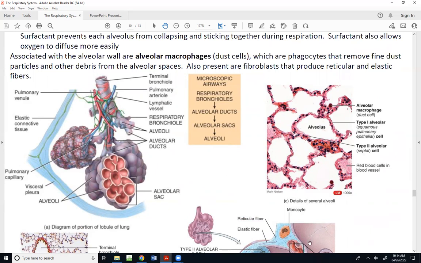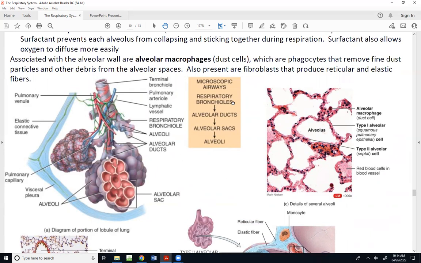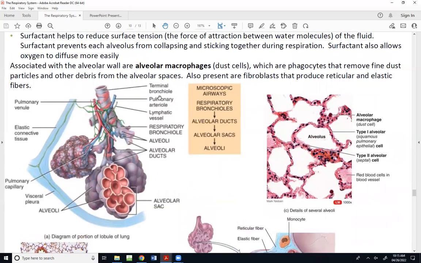But this image here and this image here are the two that you need to know. So here's what you need to highlight in our first image. Highlight the terminal bronchiole in figure A. Highlight the respiratory bronchiole. Highlight alveoli, alveolar ducts, alveolar sac, and then alveoli again on the bottom left.